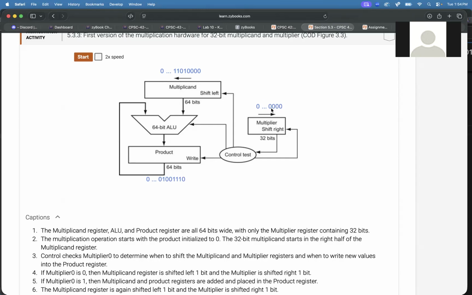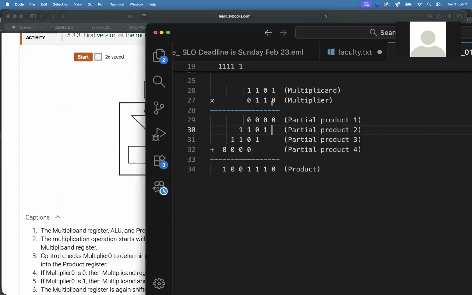Now, the multiplier, it says we need to shift right. So why? Well, because the first time we go through this, we take this top thing, we multiply it by 0, right? But then the next time, we don't want to multiply it by 0, we want to multiply it by the 1, right? So the easiest way to do that is to move this entire thing to the right.